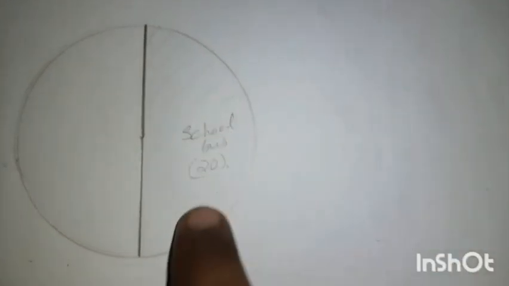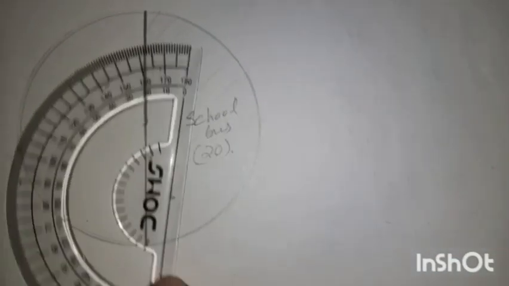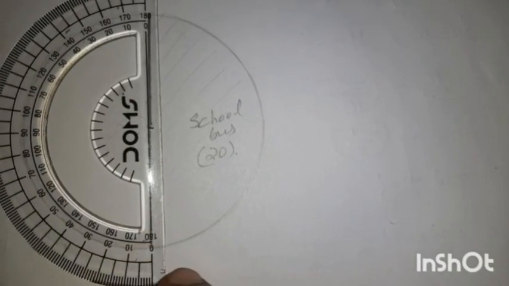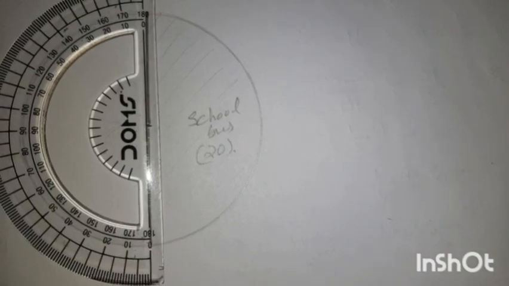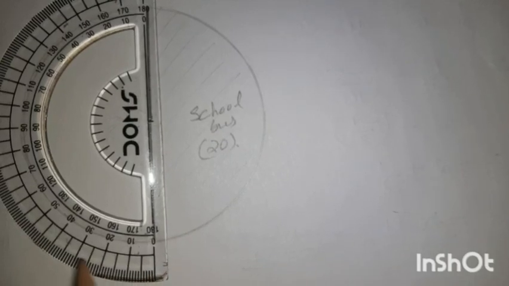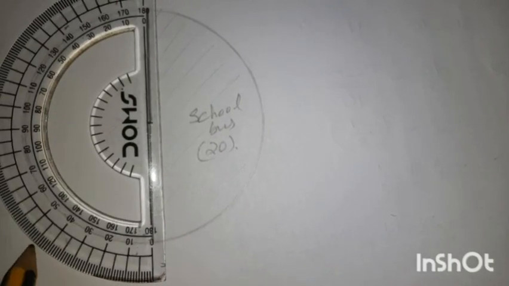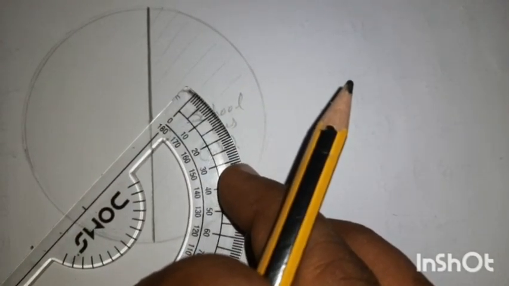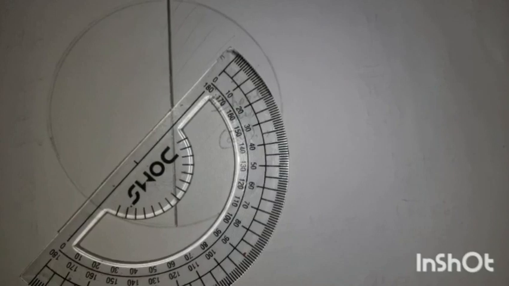So this half portion is for school bus students. Next you have to keep the protractor like this. Then mark 45 degrees. So you have to start from here or this side. Okay, anywhere you can start it. 0 to 45. So you have to draw the 45 degree angle. Draw the line.